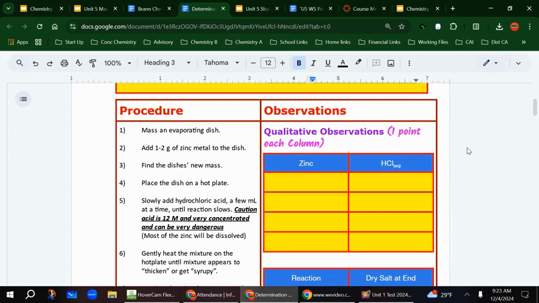Now, I should mention that before you do this, I should have had this in there, I don't. You need to take 3 observations of the zinc metal. You can touch it if you want. You can smell it. You can look at it. You can feel it. You need to take 3 observations of the hydrochloric acid that is in here.